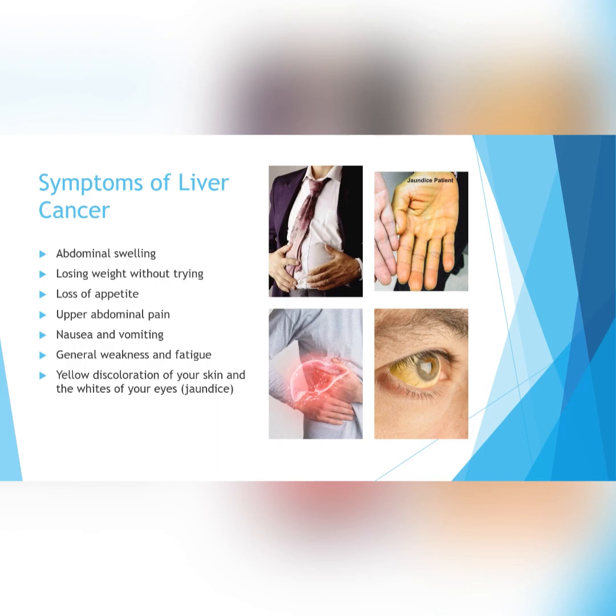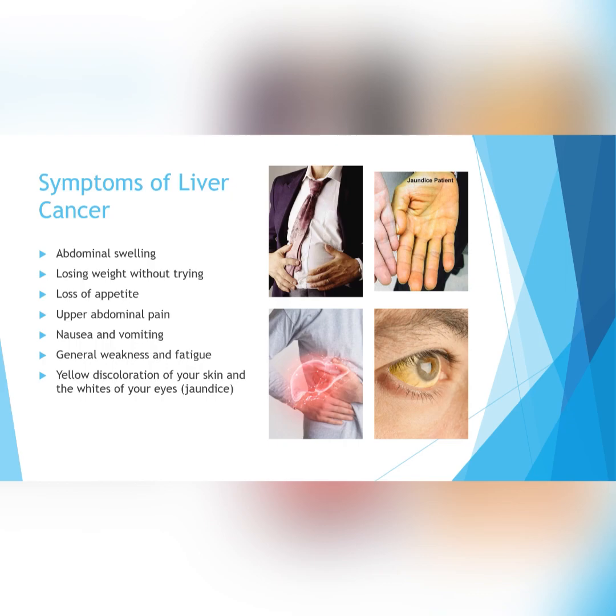The most observable symptoms include abdominal swelling, which makes you lose appetite and eventually lose weight without trying, and upper abdominal pain because you have accumulated tissue fluid, and nausea and vomiting, which also contribute to the loss of appetite and weight, and general weakness and fatigue because of abdominal swelling and pain, and jaundice.